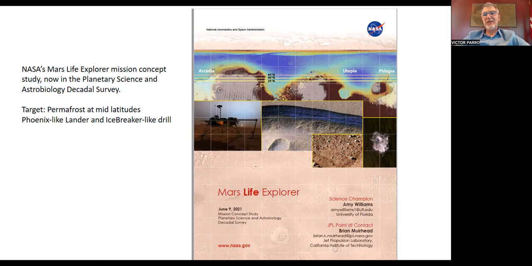And the idea is to use again the Phoenix lander and the Icebreaker-like drill, which is even mentioned in this document. So yeah, well, let's say that we are on the way, and that means that at least all the work we have done along these many years now seems to have its effect.